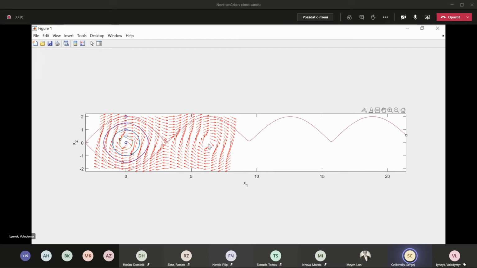Of course, in this case without friction, you cannot go from this equilibrium to another.